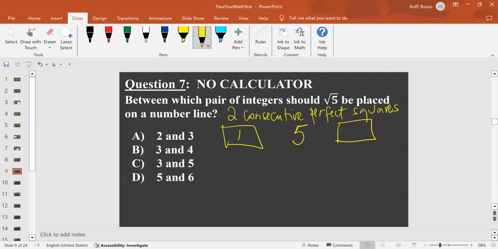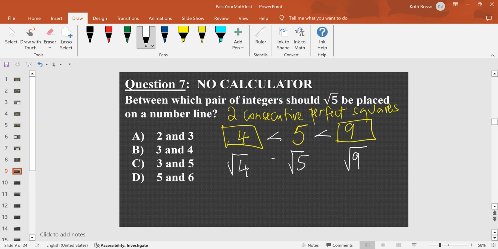It has to be 4, because 4 is a perfect square, and the next one will be 9. So 5 is placed between 4 and 9, two consecutive perfect squares. Okay, now use the square root. Square root of 4, square root of 5, square root of 9. So we can put it here. It's smaller than, it's smaller than.